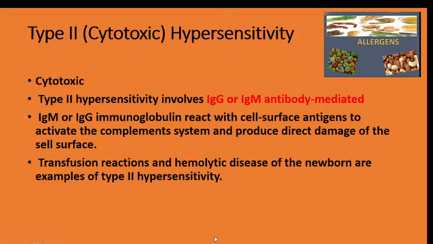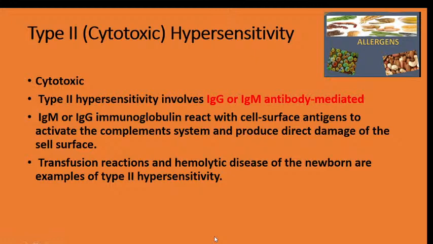Type 2 is called cytotoxic, and the antibodies involved are G and M. They come in contact with the antigenic determinants on the cell surface, which becomes opsonized by the antibody, and is phagocytosed by the macrophages.